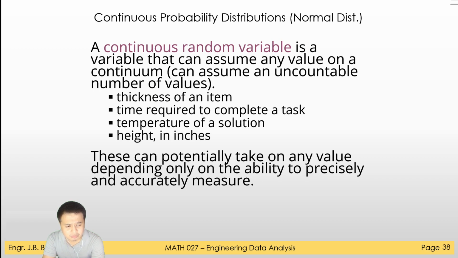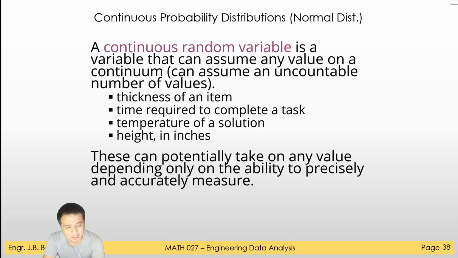So a continuous random variable is a variable that can assume any value on a continuum. Basically, if you have a continuous random variable, it can represent a value with a number that has a continuous space. What I mean by that, the best explanation is it can represent decimal numbers.